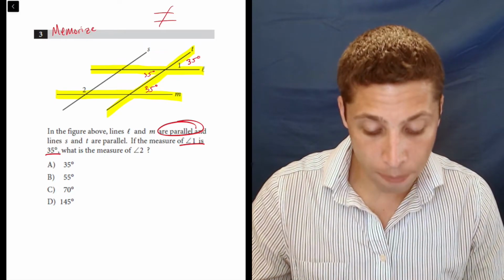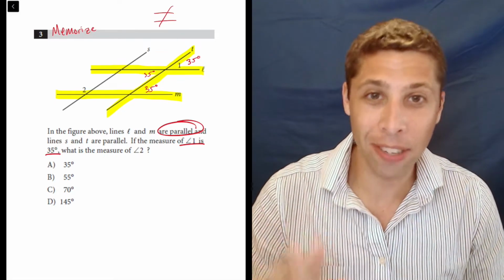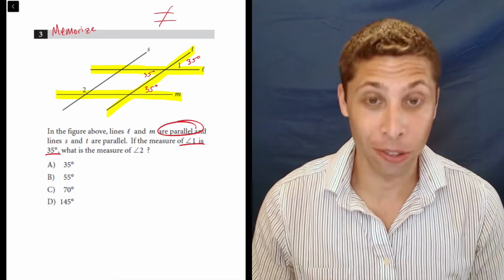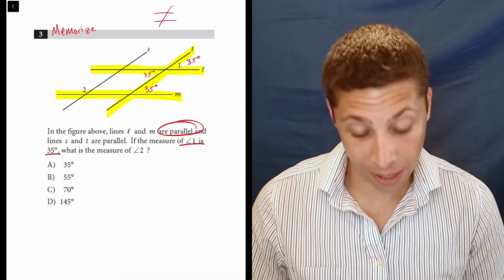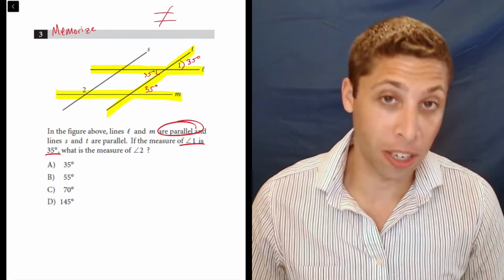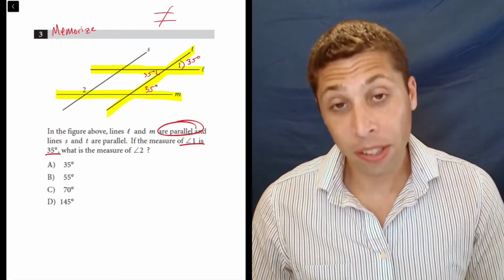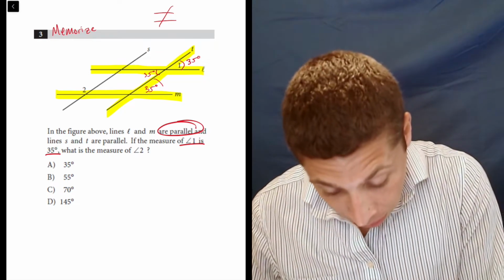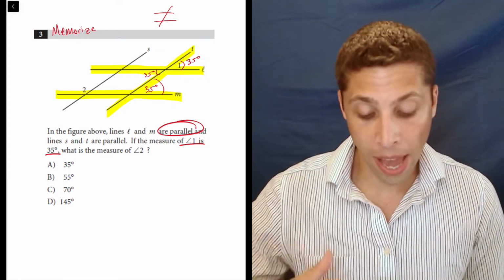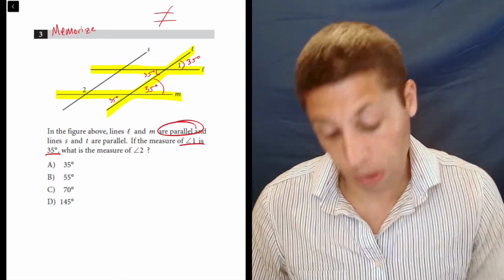So basically, when we have these parallel lines, we have a lot of congruent angles. So because of vertical angles, this angle 1 and this one here are going to be the same. And then because of alternate interior angles, this other 35 gets thrown into the mix too. And just to complete things, this one is also 35.